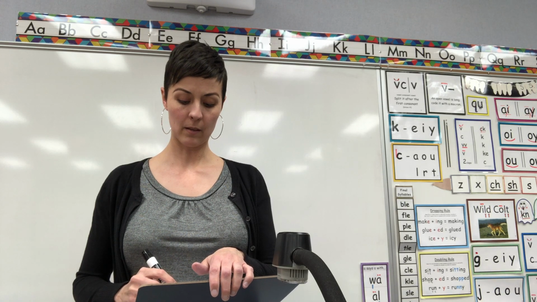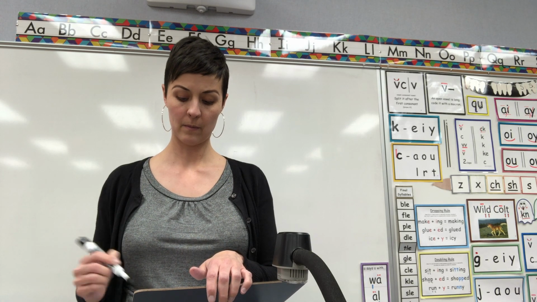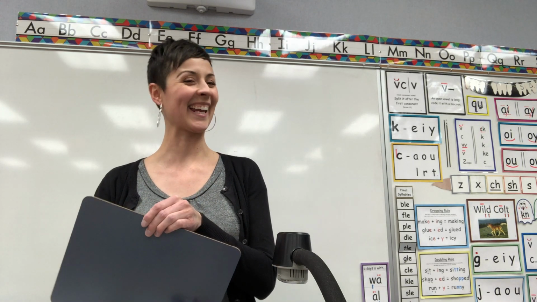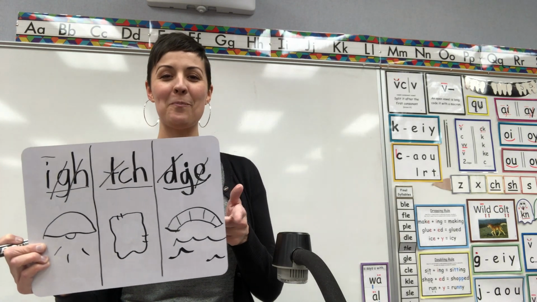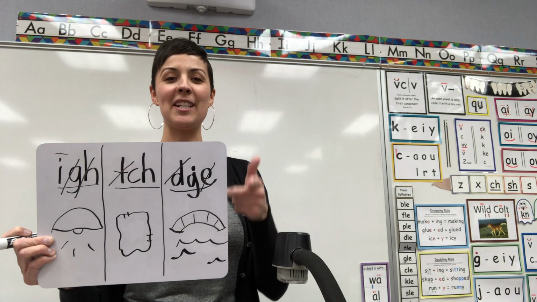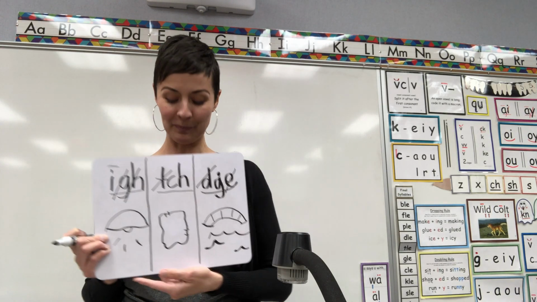Oh dear, mine looks like a rainbow. That's not what it's supposed to be. Okay, let's check it. You should have drawn a picture of a bridge. We say bridge, j. Will you do it? Bridge, j. You got it.